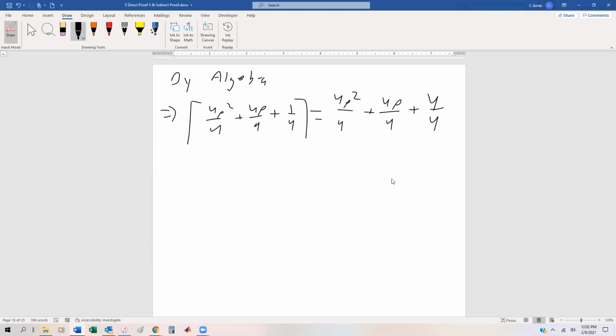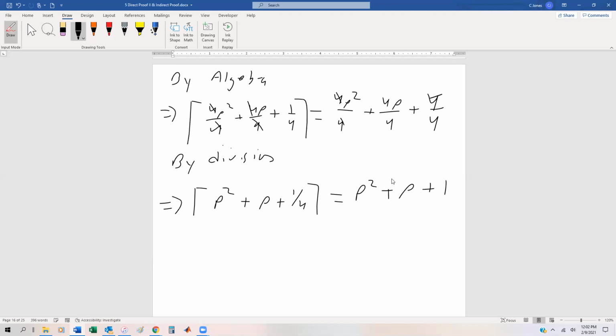And clearly by division, we can yield the ceiling of p squared plus p plus a fourth, which is going to be equal to p squared, so notice all we're doing is canceling out the fours, plus p plus 1.